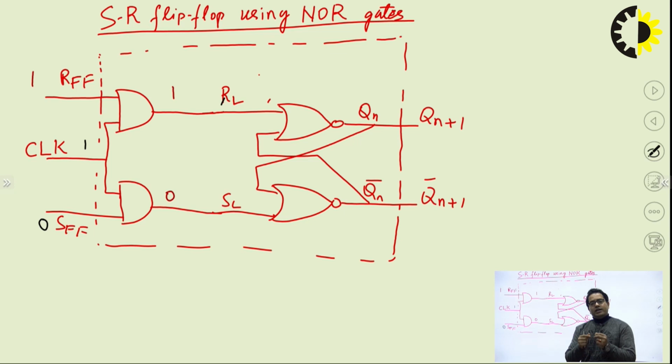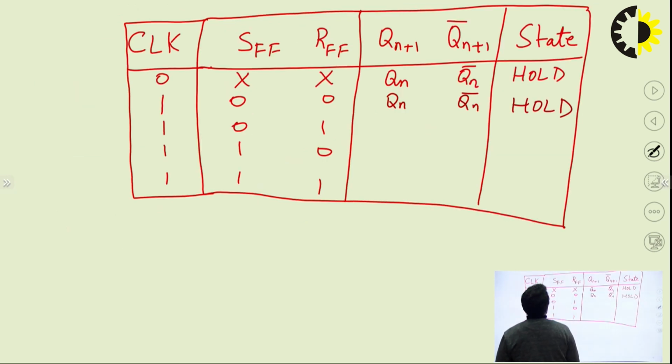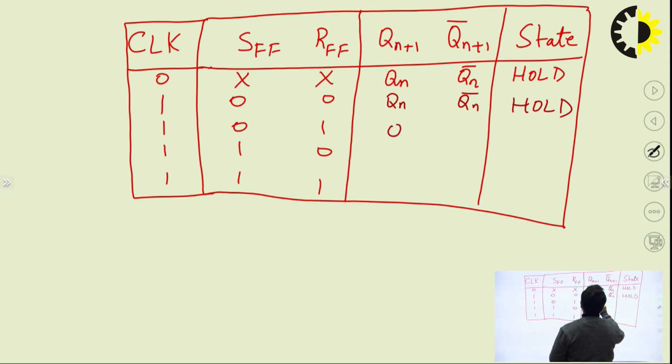It will show the output as a 0, because that is a reset terminal. We have provided an input to a reset terminal, so the output will move to 0. That means Qn plus 1 will be 0 and Qn plus 1 complement will be 1. So this state is called the reset state.